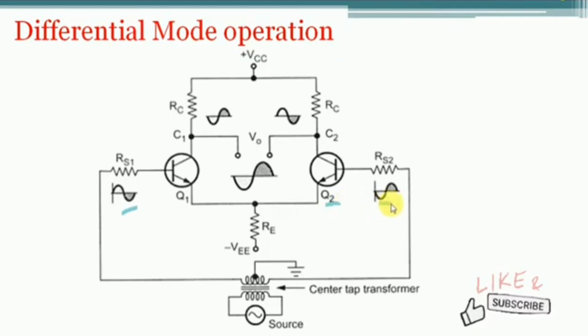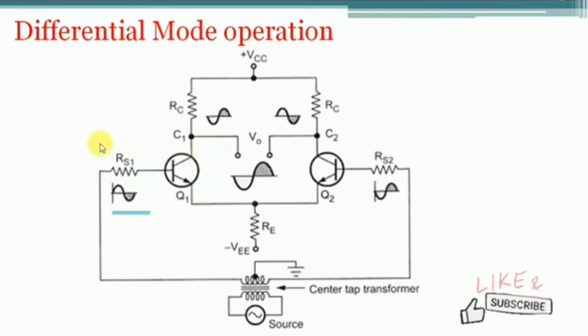Here we will see how the signal response will be at the collector terminal as well as at the emitter terminal of both transistors. Let us first consider the signal performance for transistor Q1. With a positive going signal on the base of transistor Q1, an amplified negative going signal will develop at the collector terminal.